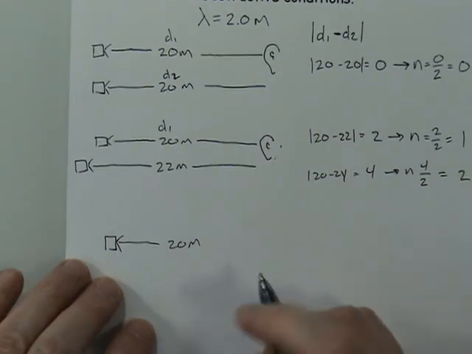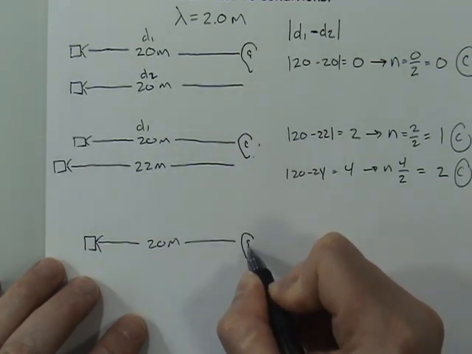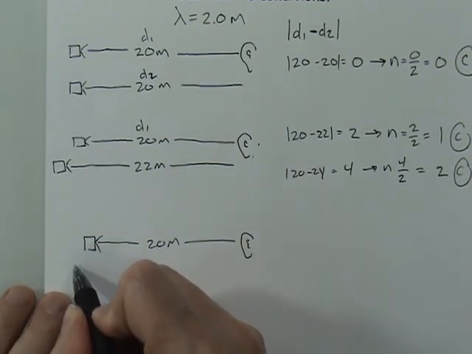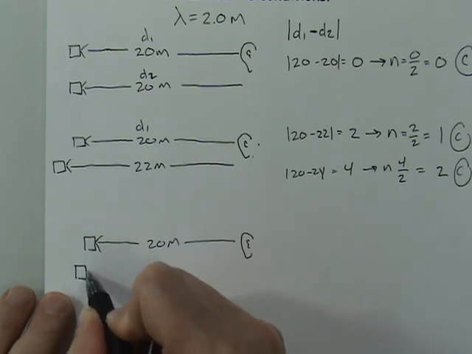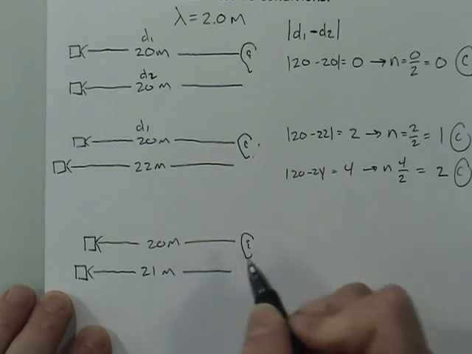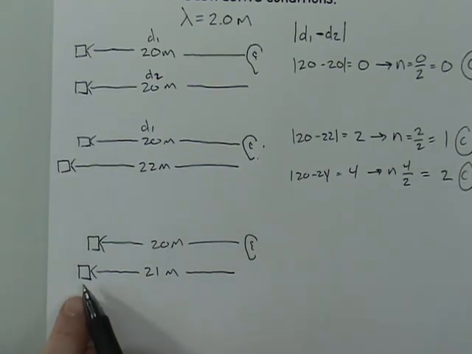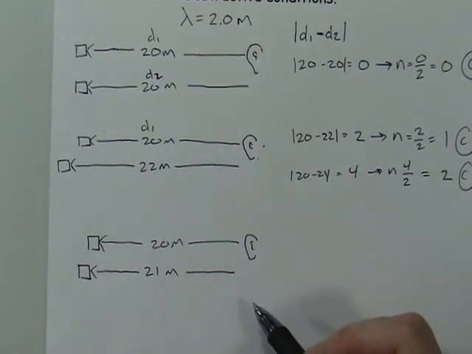So we have our speaker at 20 meters away from the person's ear. And now I'm going to move this guy just a little teeny bit. I'm only going to move him to 21 meters. Okay, so let's take a look at what happens when I move the speaker half a wavelength further away.